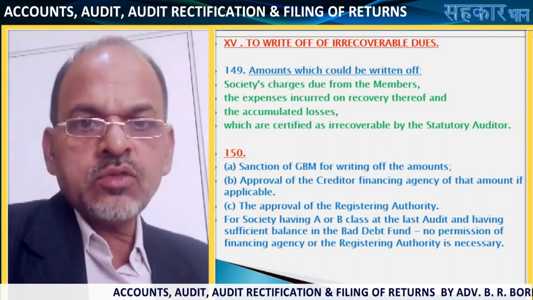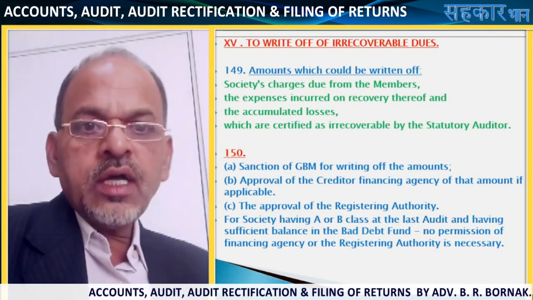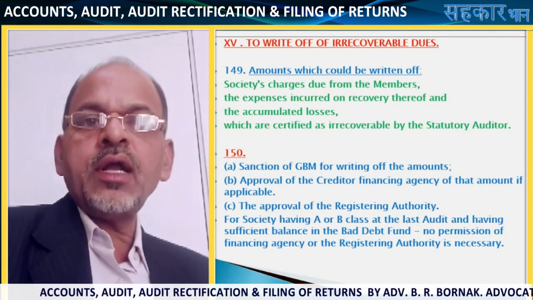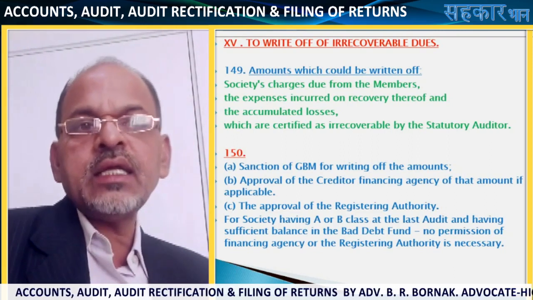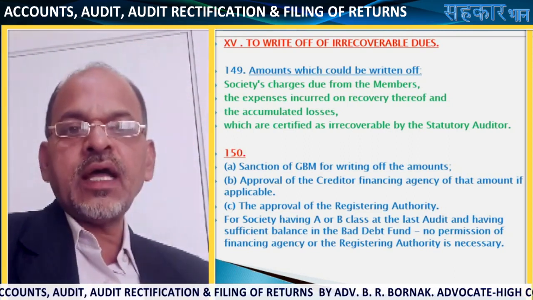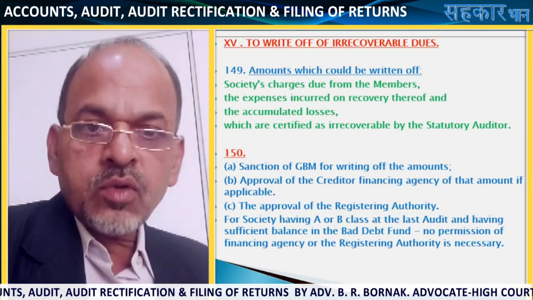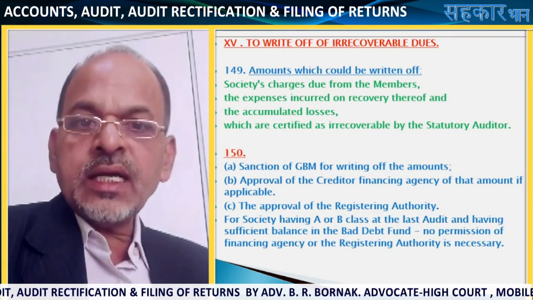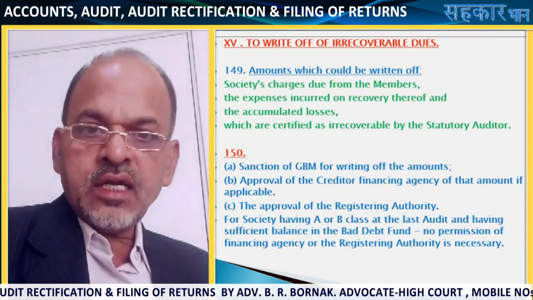But before proceeding to write off these amounts, as per law, it is mandatory that the statutory auditor appointed by the society must certify that these amounts are now irrecoverable.